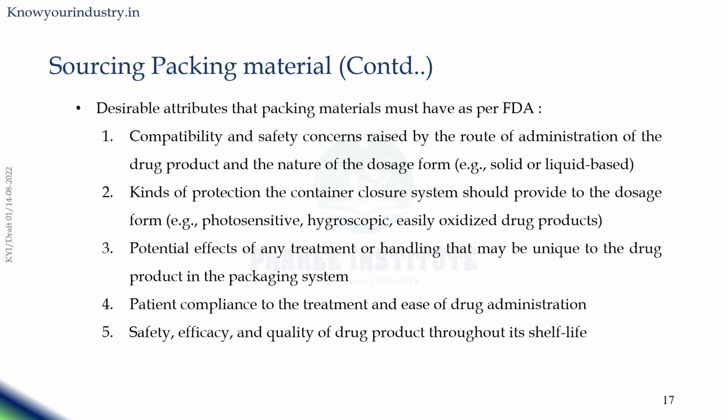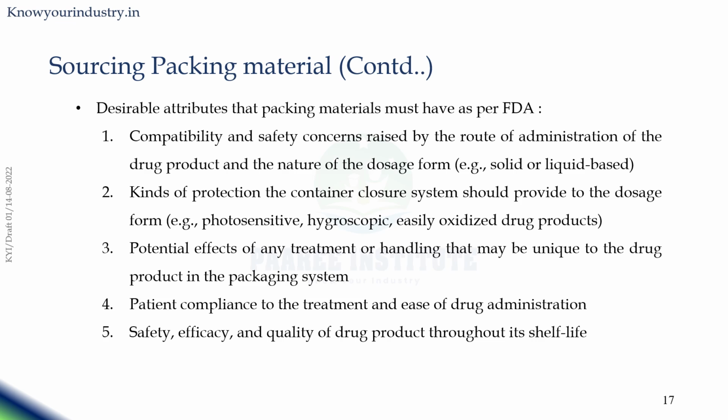For example, if you select a glass vial and rubber stoppers for an oxygen sensitive product, the size of the packaging material is very important, because if you choose a larger size, you may need more head space to be filled with your inert gas, which is an inefficient process.